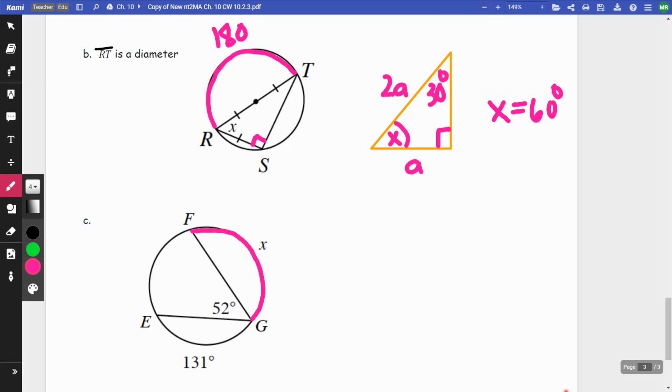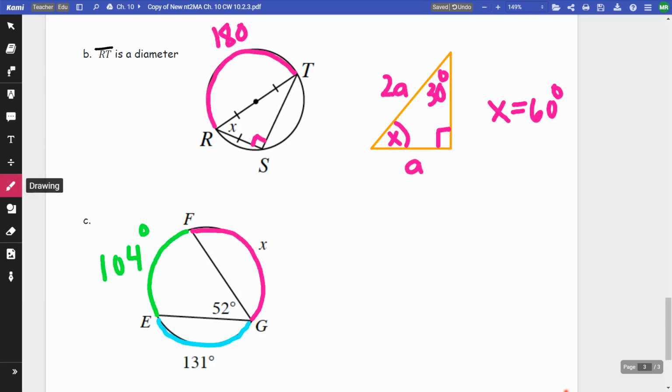That's what they want us to find. Now I can find this arc measure here because it's formed by that inscribed angle that's 52 degrees. So if I double 52 degrees, I get 104 degrees. Now I can take that 104 along with this 131, and I know that a circle is 360 degrees.